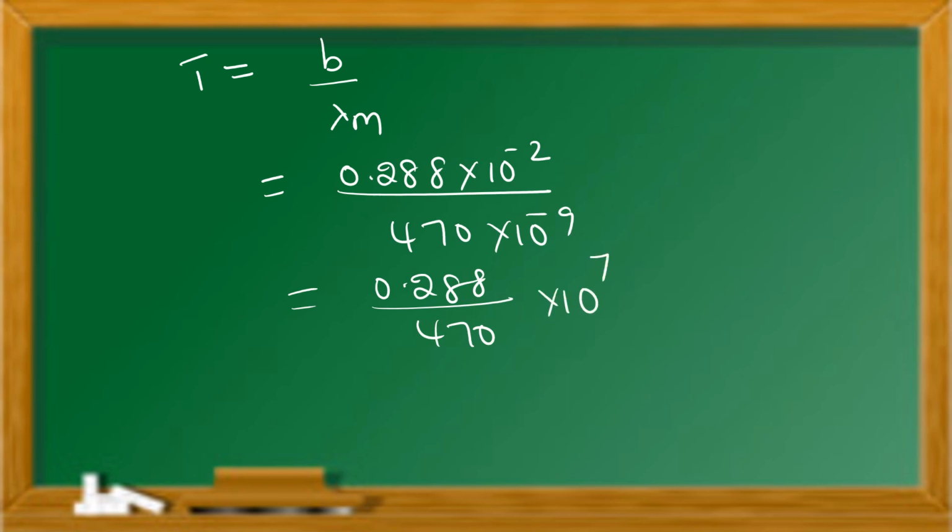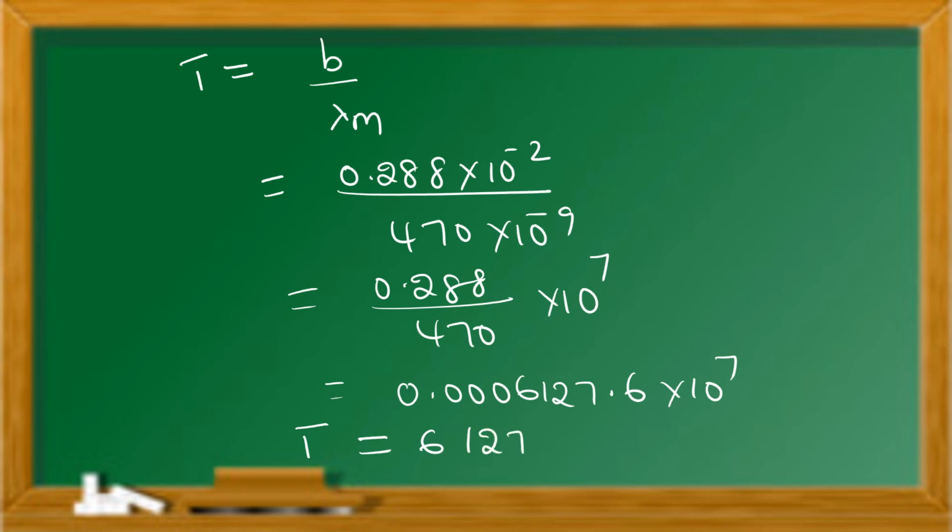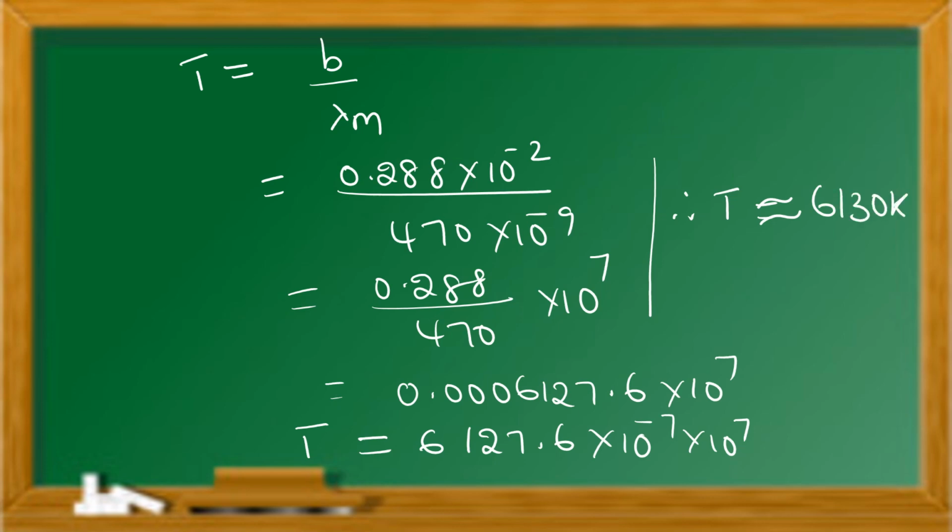See here, minus 9 goes to plus 9, 9 minus 2 is 7. After division we get 0.006127.6 × 10 to the power of 7, that is approximately 6127.6 × 10 to the power of minus 7 × 10 to the power of 7. So at last we write the answer: temperature T is approximately equal to 6130 Kelvin.